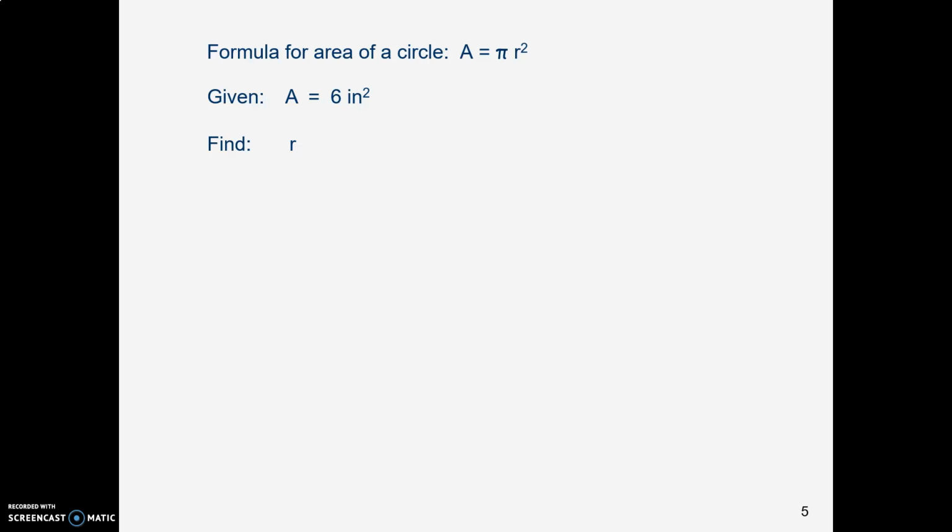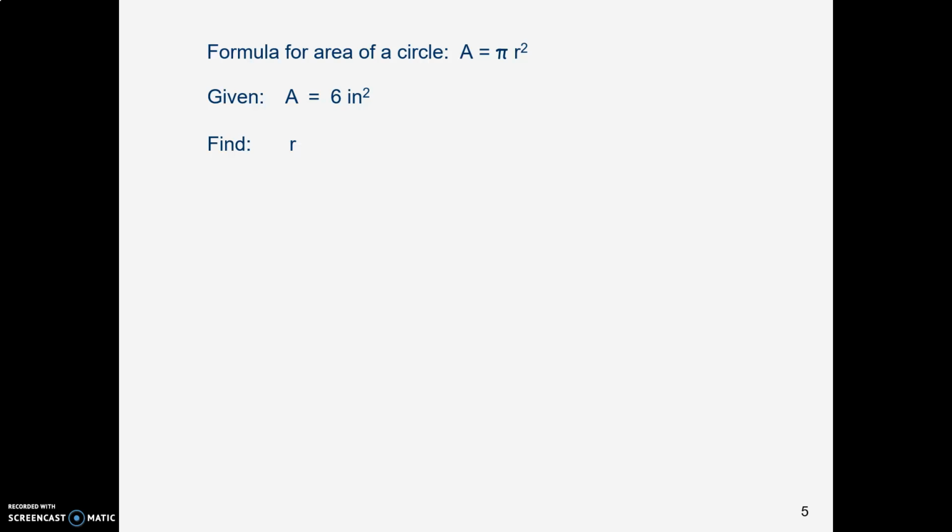Now, I think we've done this once before, but I'd like to do it again just because it's hard to hang on to sometimes, and we do want to hang on to it. So what if you're given the area of a circle and you need to find the radius of the circle? Let's say they tell you the area of this circle needs to be 6 square inches.